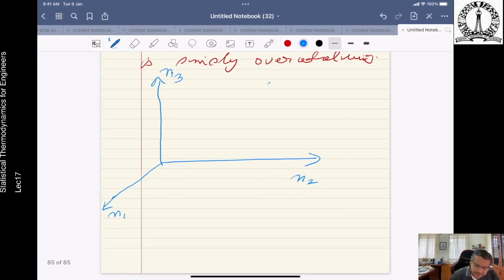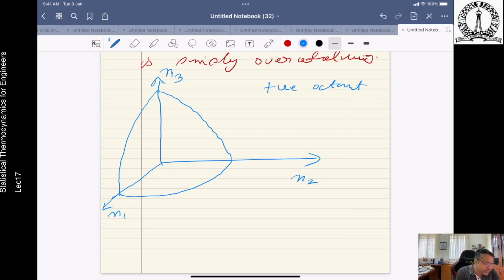This is a positive octant. So we represent each possible energy state by its own cube in the 3D quantum number space. So like an octant. This is how the representation actually happens.